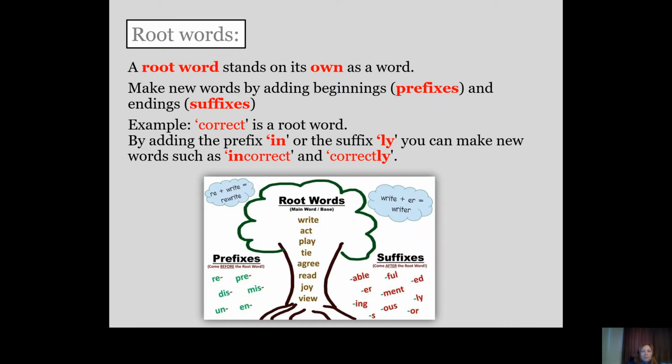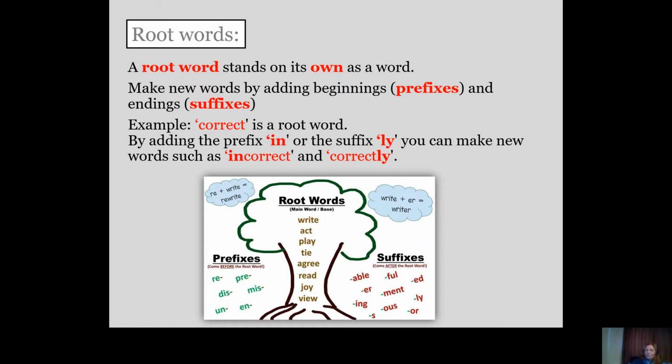So, for instance, correct is a root word. By adding the prefix in, so that comes before, we get incorrect. By adding the suffix ly, you make a new word such as correctly.